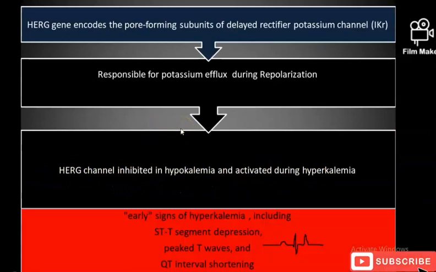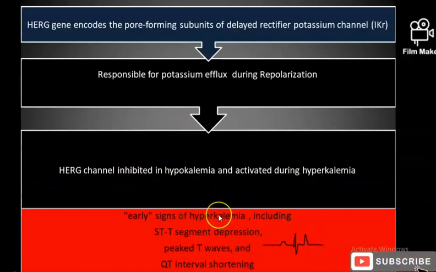So when we see an ECG, the repolarization phase is represented by the T wave, and due to rapid repolarization of the cardiac muscle due to hyperkalemia, the T wave becomes a peaked and tall T wave, and it also becomes narrow, and the distance between Q and T becomes short.